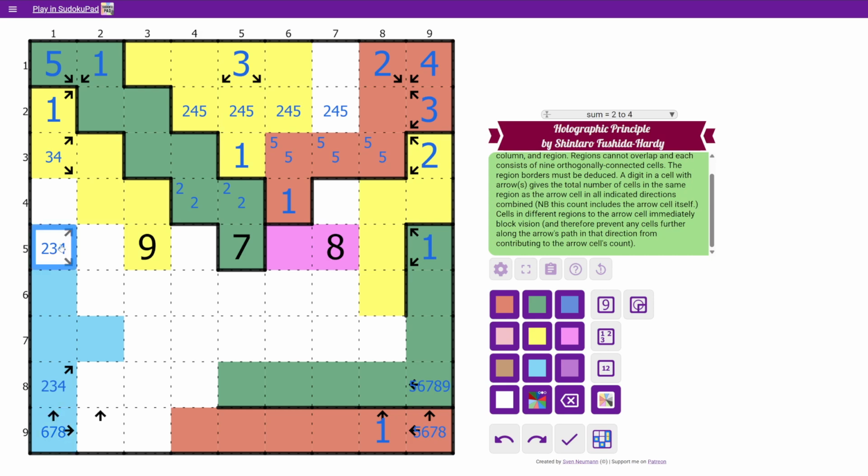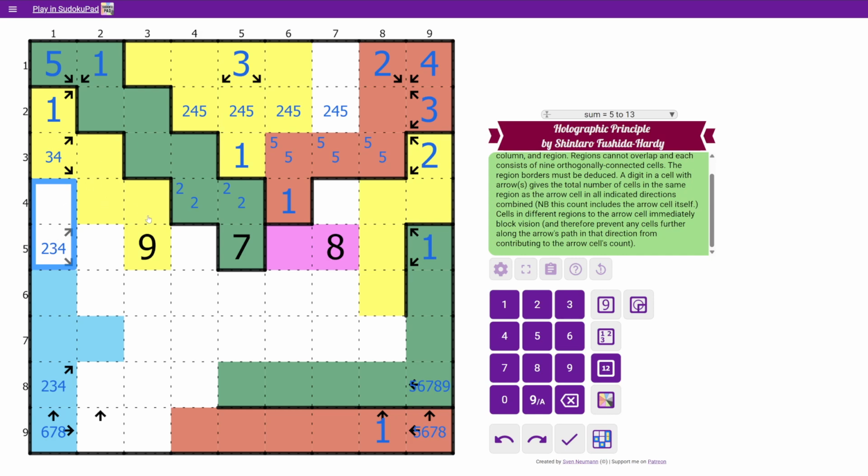This one, if this one was yellow, that would be yellow.